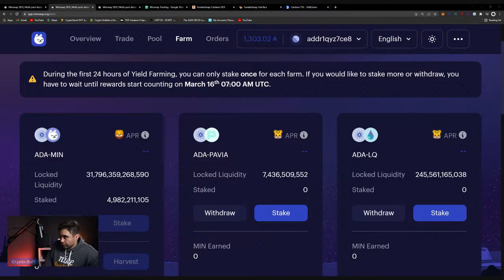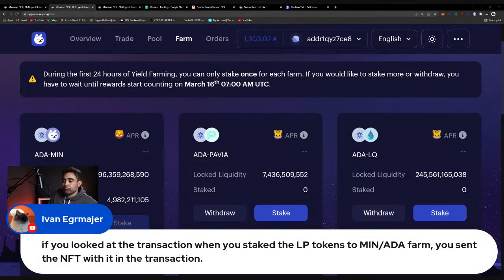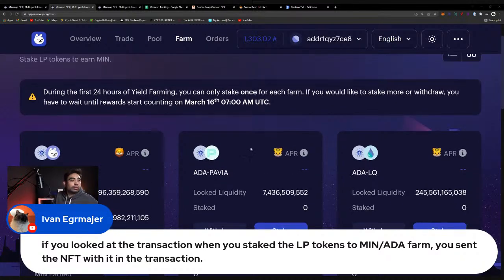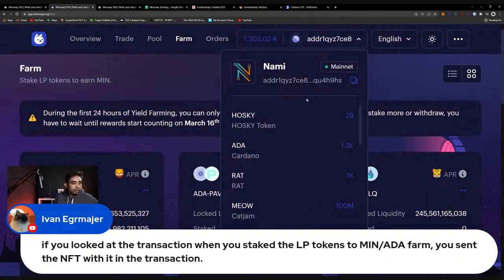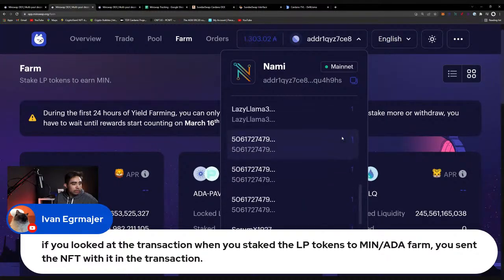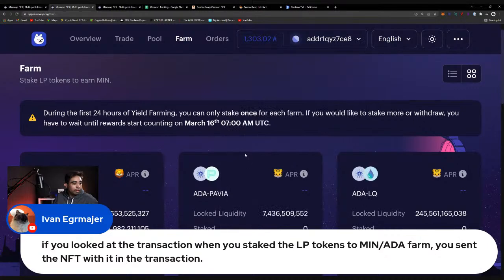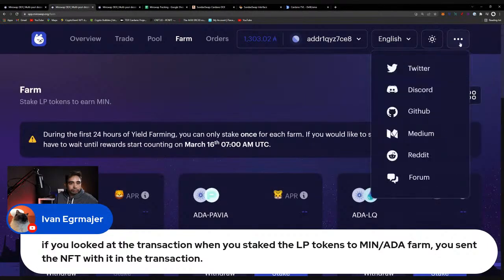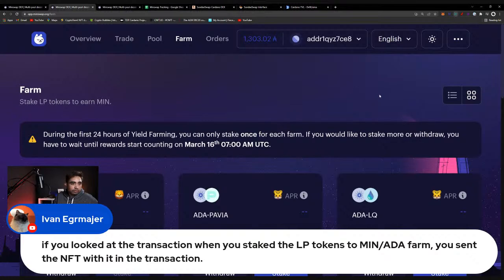If you look at the transaction, when you stake the LP tokens to the Min ADA farm, you send the NFT with it in the transaction. Oh, let me see. Maybe I don't even have the NFT anymore. So today's the 15th.